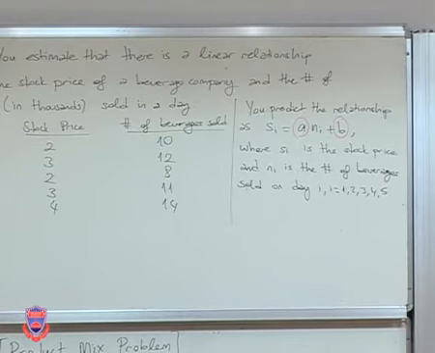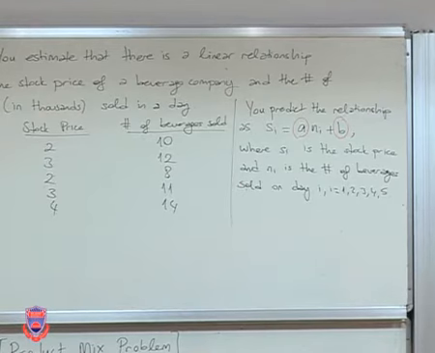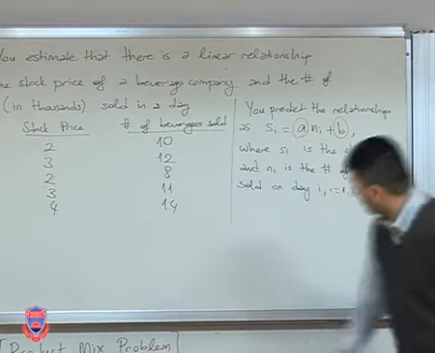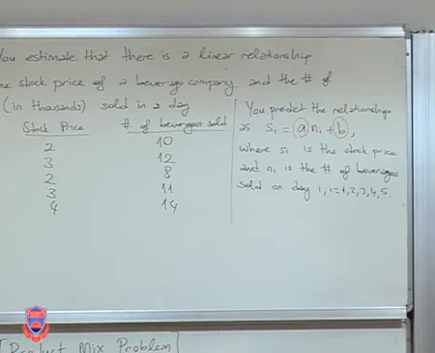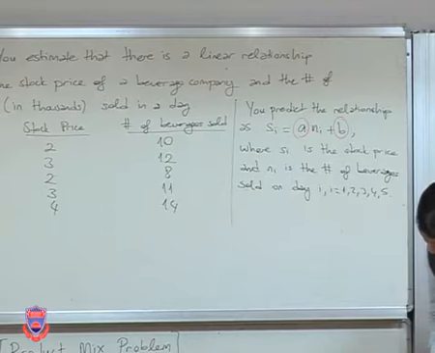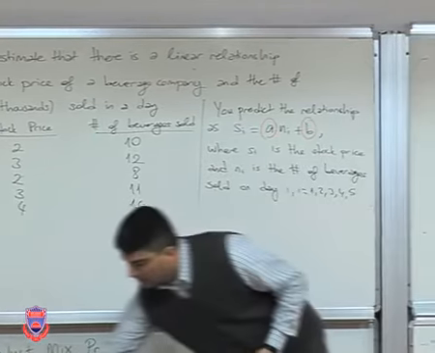So what we want to do is figure out the best possible values for A and B. And what do we mean by the best possible? Well, here's our performance measure.